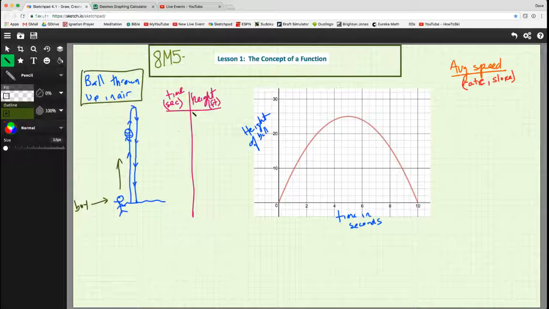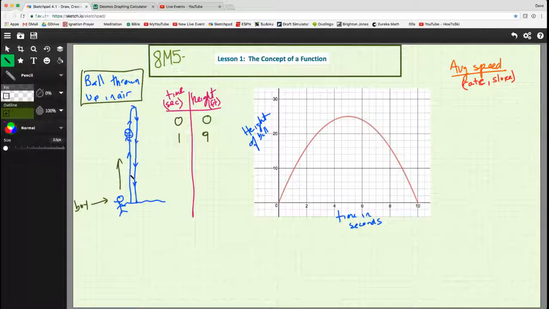So at time 0, the ball's in his hand. Let's call that right on the ground, okay? Now after 1 second, it is 9 feet in the air.